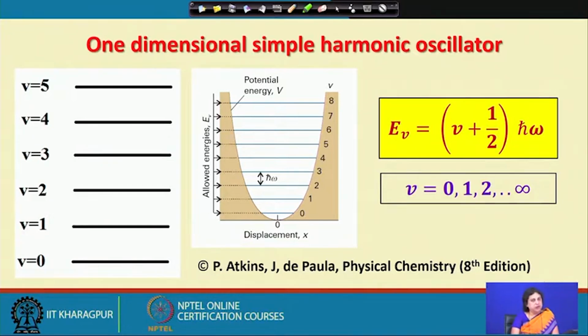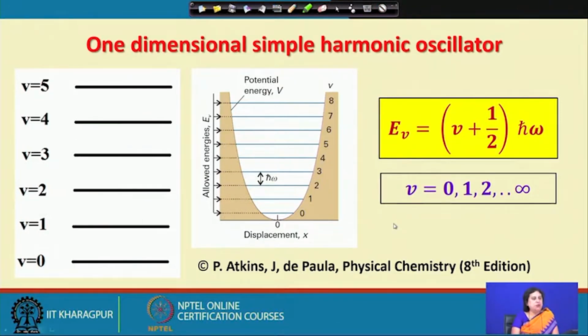Now, the solution of the Schrodinger equation has given you these discrete energy values which are allowed for the system according to quantum mechanics. And we understand that many such energy states are possible even if you have a single particle and this particle is present in just one dimension.